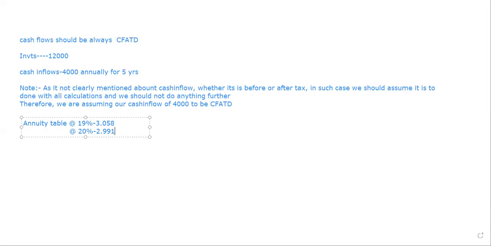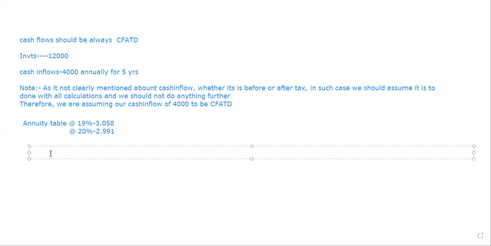So fine. Now, what I'm going to do is use my IRR using the annuity table in a very simple and easy manner. He is giving me directly the equal cash flows for all the 5 years.